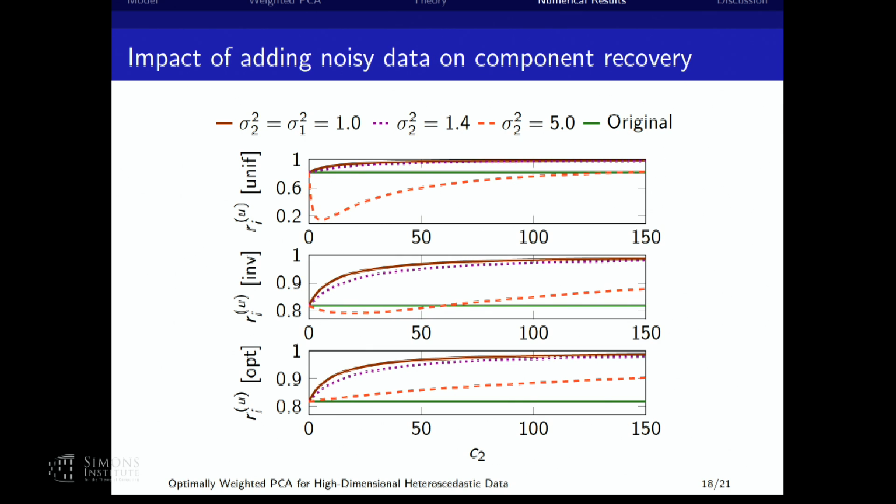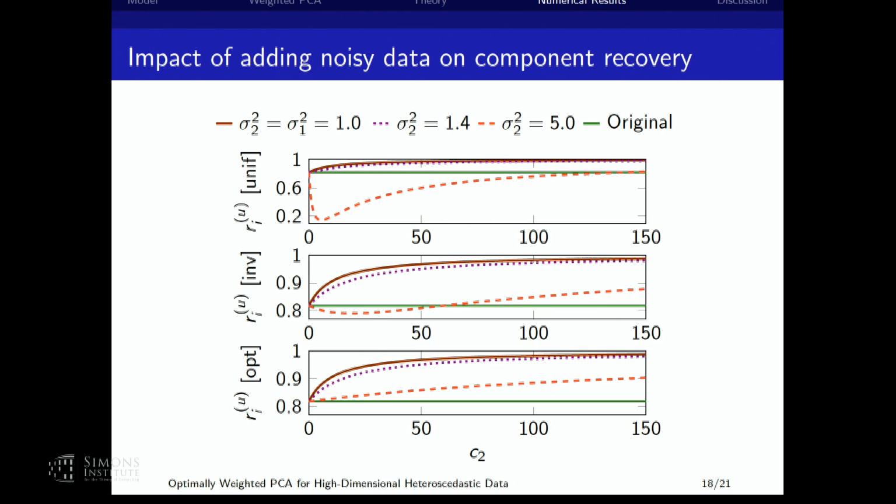But when we have higher noise variance, especially in this regime where it's much higher, then, as may be intuitive at first, for the uniform weighting we get worse performance, and slowly, as we have much more data, we improve above the original performance at some point.